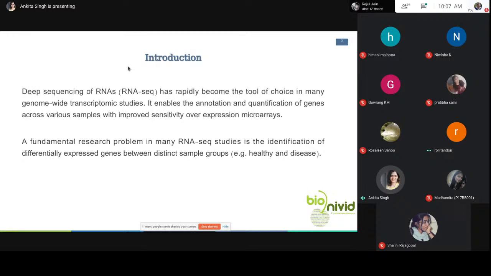A fundamental research problem in many RNA-seq data is the identification of differentially expressed genes between distinct sample groups. Your sample group can be, like yesterday, Dr. Prashant was showing, they were identifying some genes which are responsible for obesity.